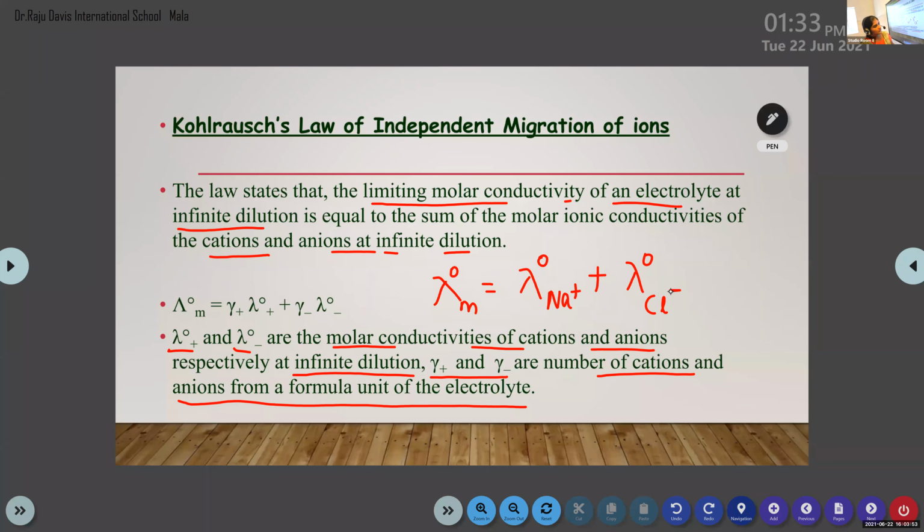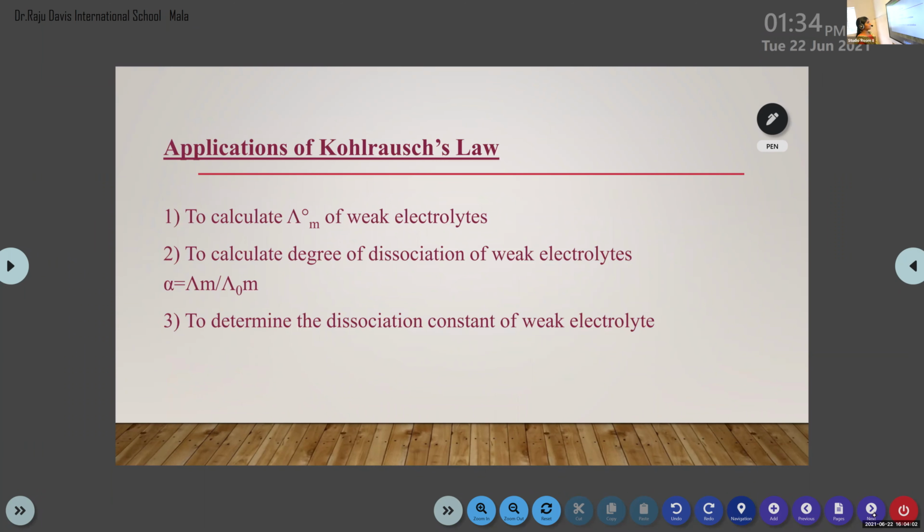Have we completed? Yes. Okay, then we are moving to the applications of Kohlrausch's law. The first one is to calculate the lambda m0 of weak electrolytes.